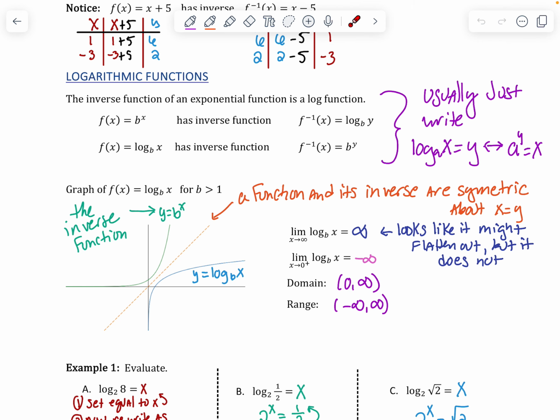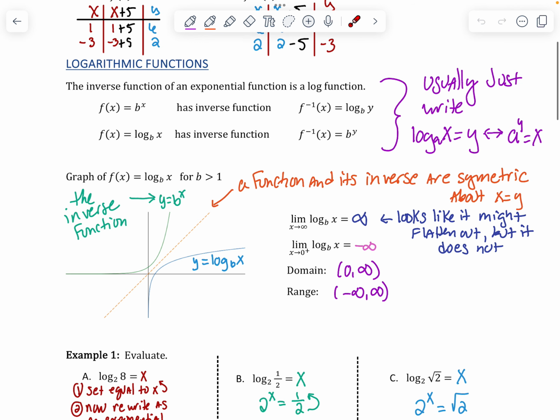So let's talk about some pieces of logs. If we were taking a log function and looking at the limit as x goes to infinity, even though it looks like it might flatten out, it does not flatten out. It actually continues on to eventually reach a height of infinity. It basically is boundless.